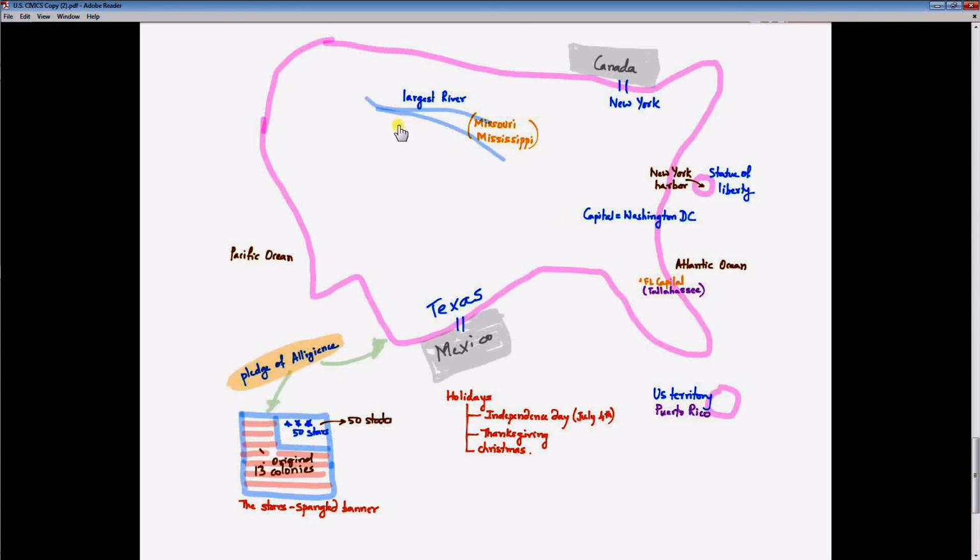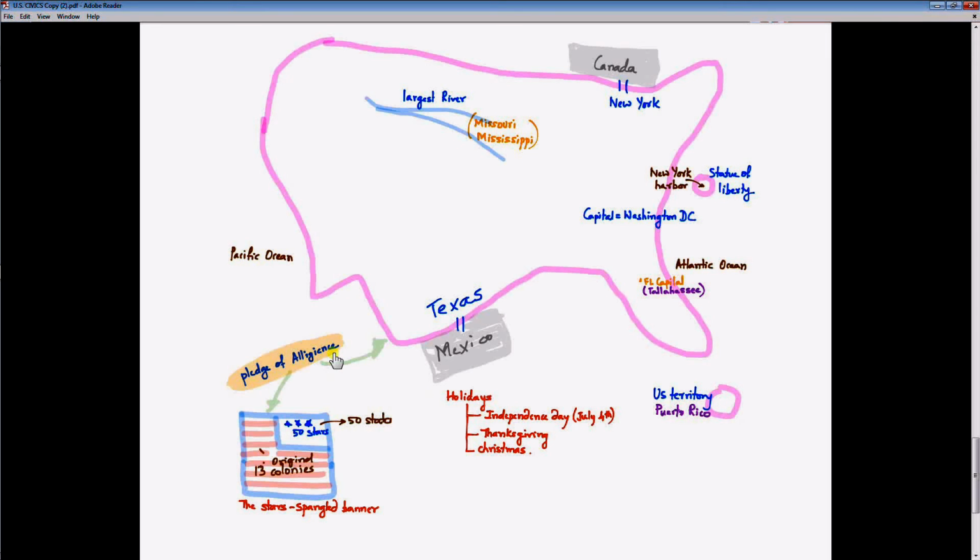The two largest rivers in the United States are the Missouri and the Mississippi. On the west coast of the United States is the Pacific Ocean. On the east coast is the Atlantic Ocean. One of the US territories is Puerto Rico.